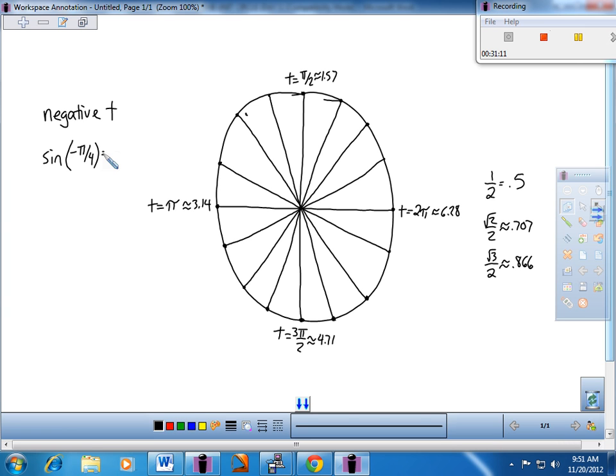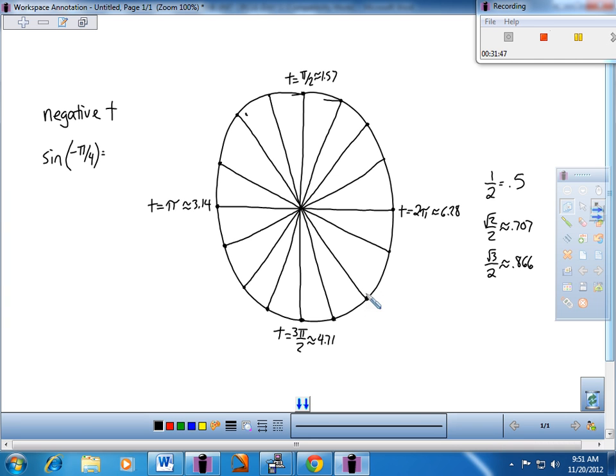Now your study guide doesn't have these t values, but that's all right. All it means is we start here and we go pi over 4 units clockwise. Well, if I went pi over 4 units clockwise in terms of my special t values, I think we would hit it right here. This would be negative 45 degrees as an angle measure, negative pi over 4 radians, and so negative pi over 4 units around the unit circle.